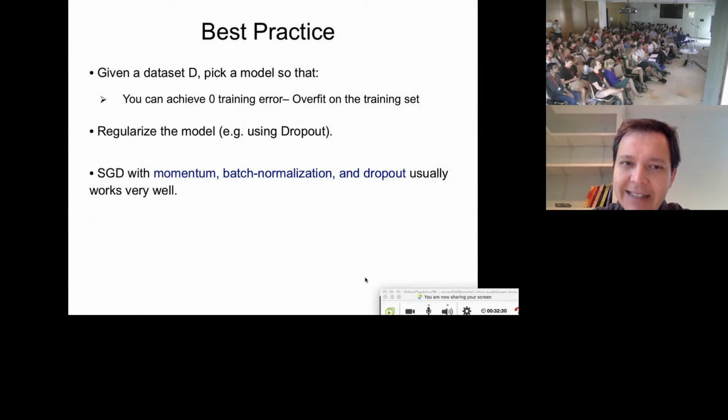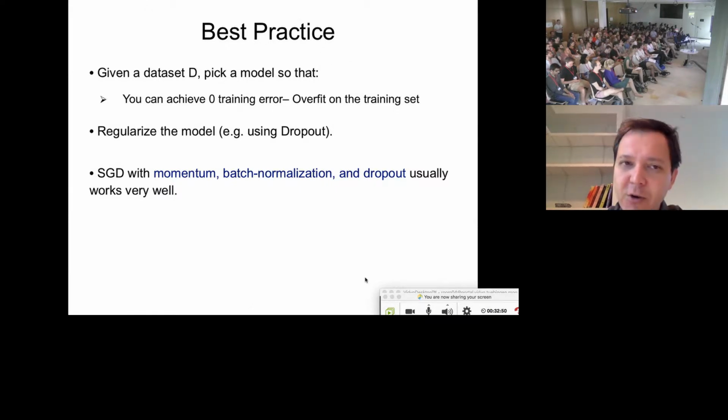So let me step back a little bit and show you what's the best practice for training these models. Given a data set D, you'd want to pick a model so that you can achieve zero training error on that model without using any regularization, right? So typically, let's say you want to train a model on your data set.